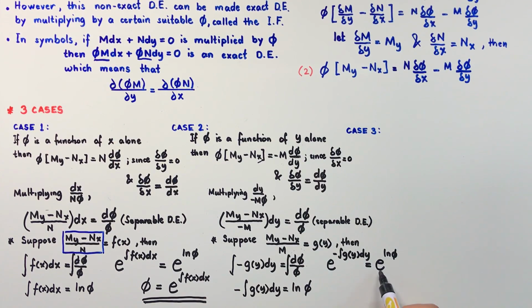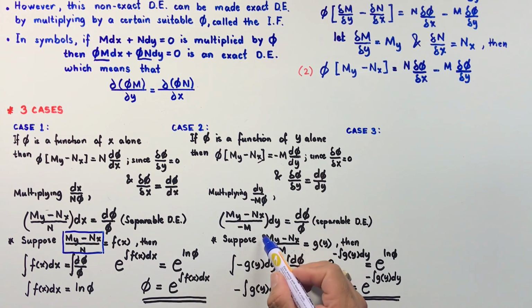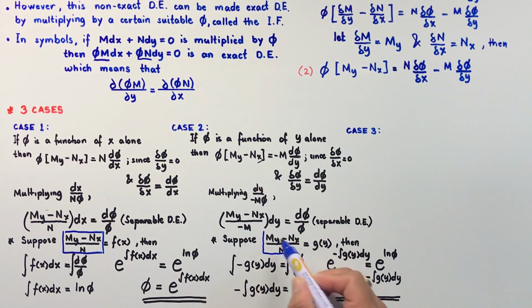And we know that e to the power natural log of phi is just phi, because the e and the natural log cancel each other. So we have phi, which is equal to e to the exponent of negative of the integral of g of y dy. And this is our integrating factor when this expression is in terms of y alone.